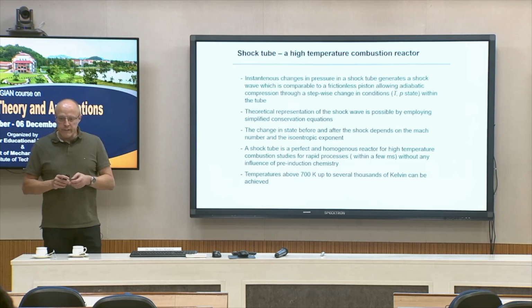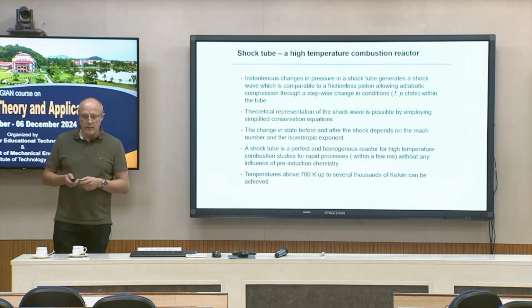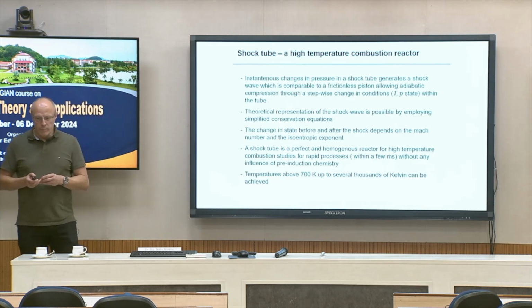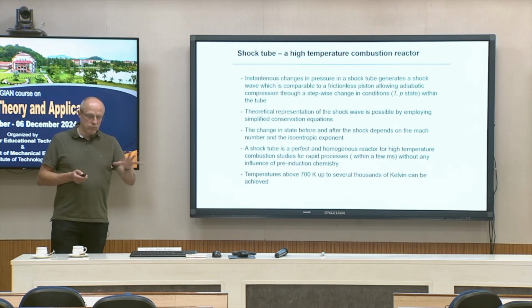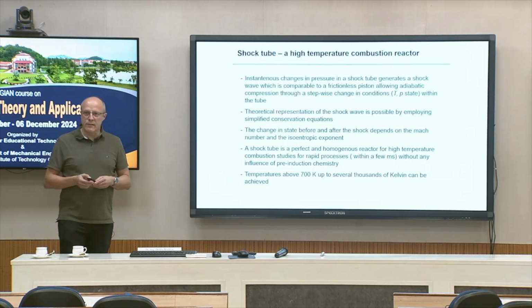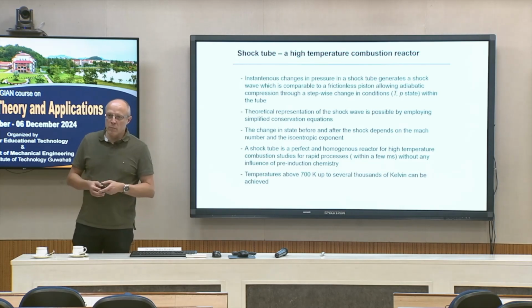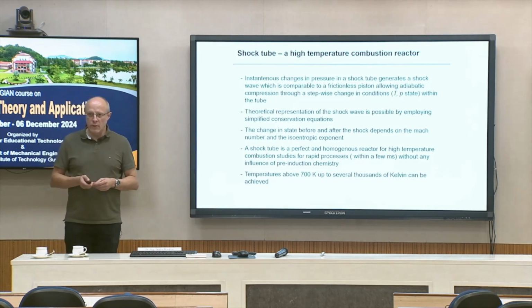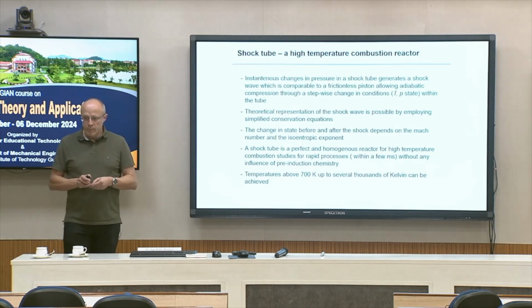The change in state depends mainly on the Mach number we want to yield and the isentropic exponent. We can adjust our setup concerning the temperature and pressure range we are interested in for our ignition or reaction experiment.